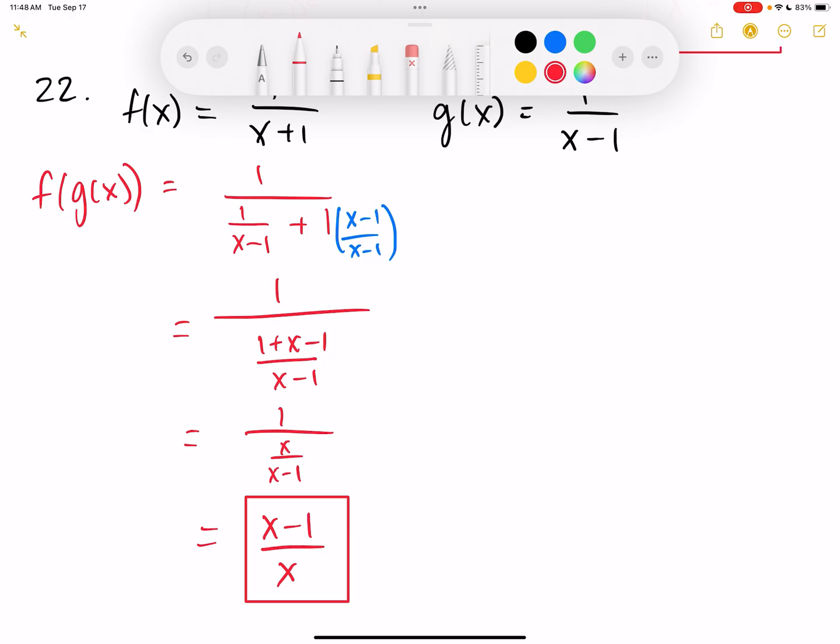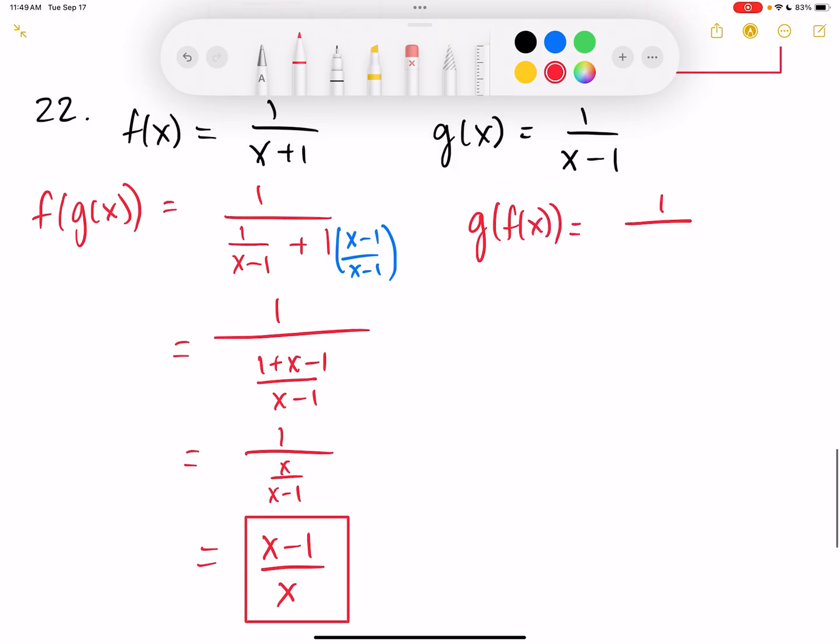Then g of f of x, I have 1 over x plus 1 minus 1. So I'm doing the same thing, except for now it's x plus 1. That's my common denominator.